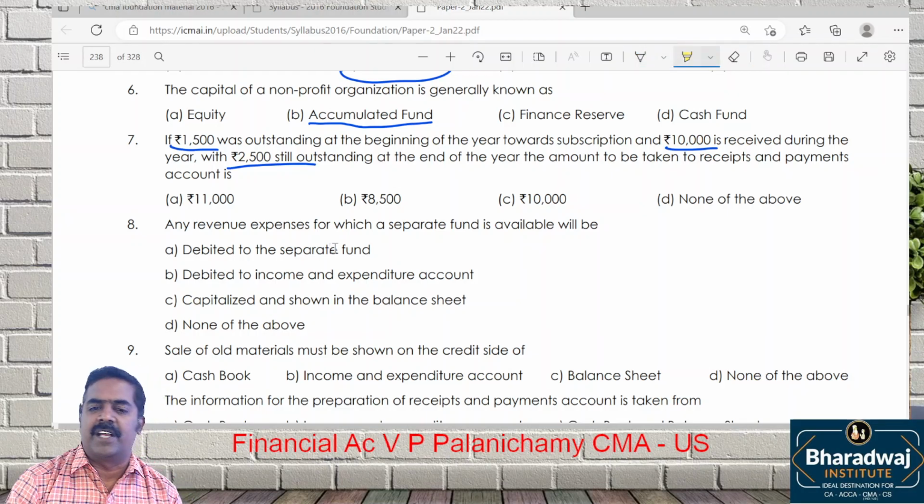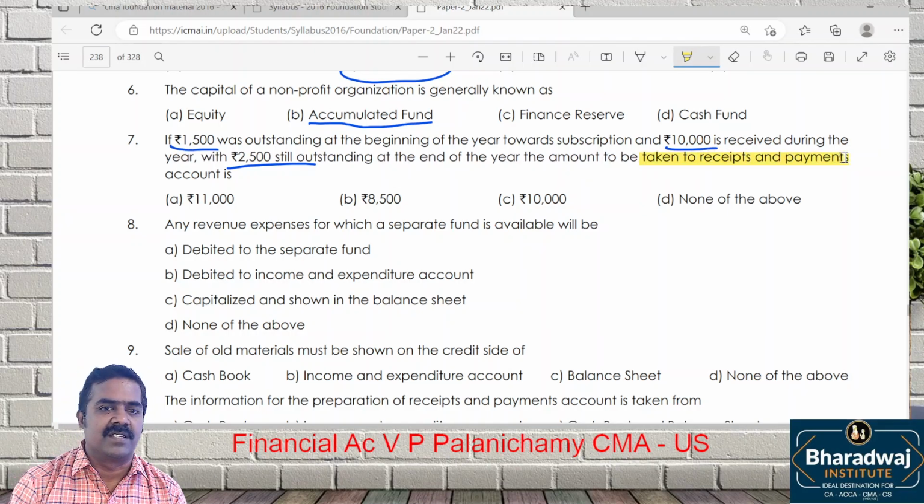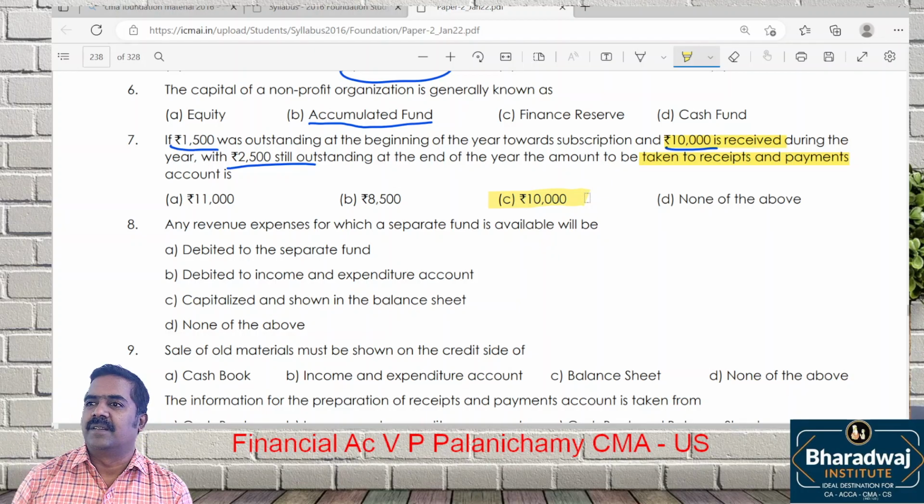Do they ask income and expenditure account or receipts and payments account? In receipts and payments account only what is received will be recorded. How much is received? 10,000 is received. 10,000 only will be recorded. Unnecessary work for nothing.